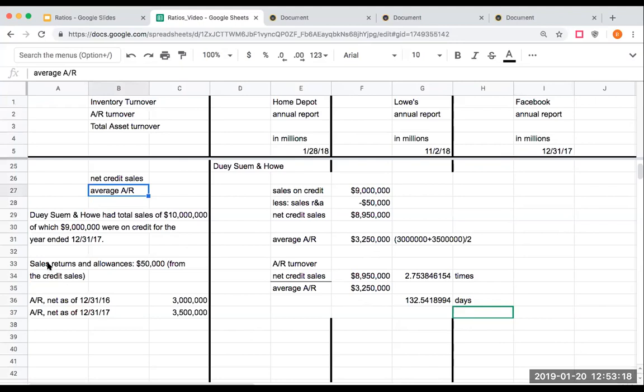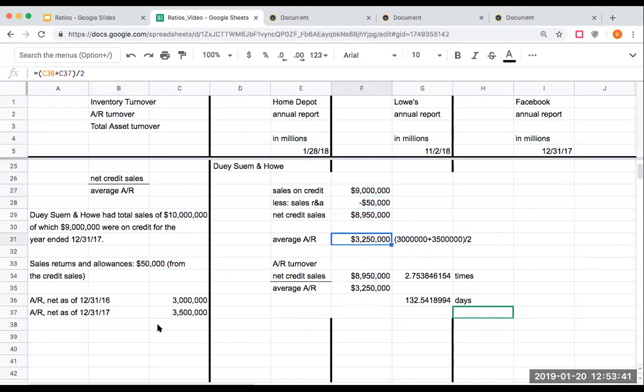It then tells us that the sales returns and allowances from the credit sales were approximately $50,000. So my net credit sales are going to be my sales on credit minus the sales returns and allowances, or right over here, $8.95 million.